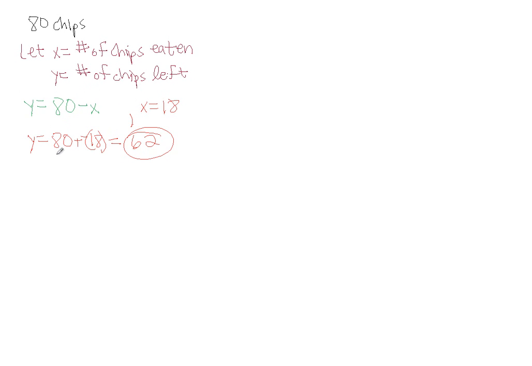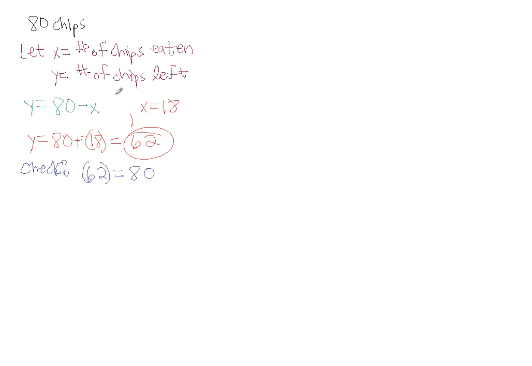So we want to get in the habit of being able to turn a problem into an equation that we can solve. Now, as always, when we have an equation that we're solving, we always want to check our answer. We check our answer by substituting our answer, y equals 62, into our original equation to make sure it holds accurate. So we're proposing that y equals 62, so we're going to substitute in 62 for y, and that should equal 80 minus x.